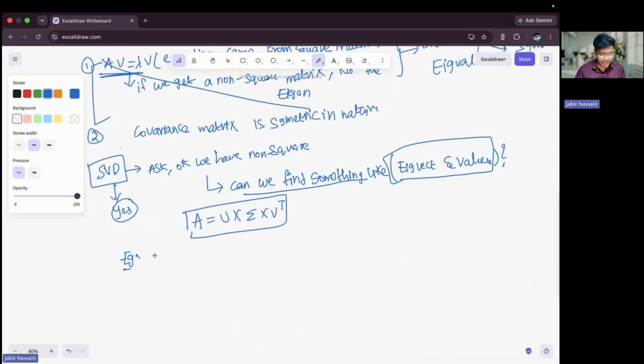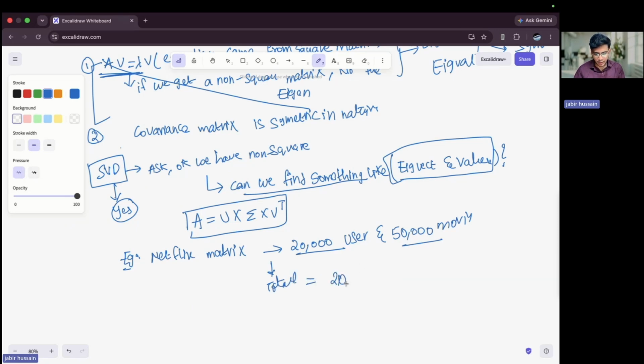Just imagine that I have a Netflix matrix, and in the Netflix matrix, I have 20,000 users and 50,000 movies. So how many points do I have? The total number of cells is 20,000 times 50,000, so this will be 10 to the power of 9 cells.